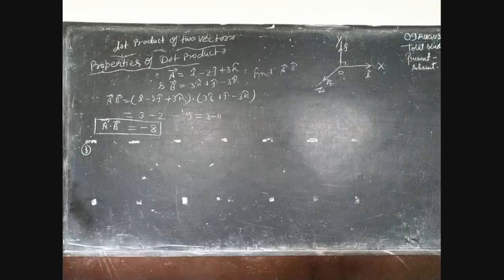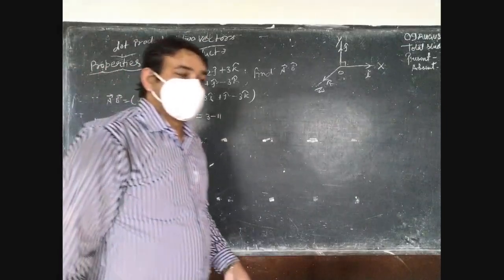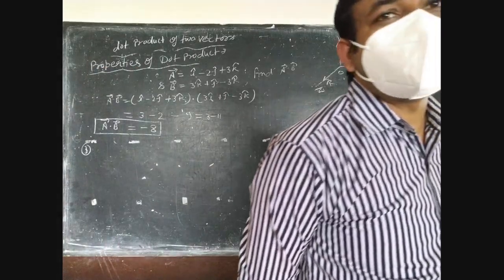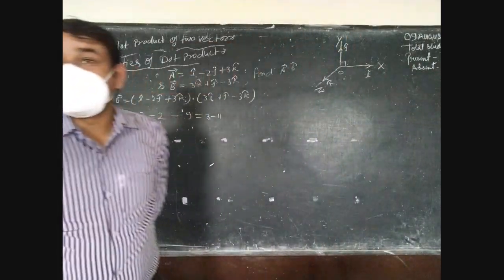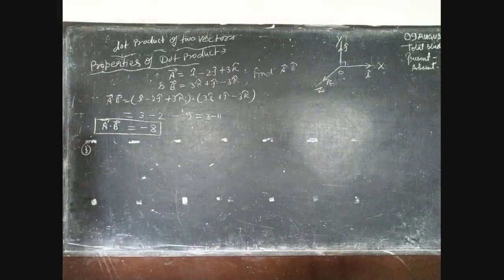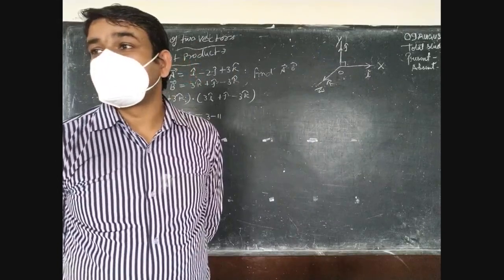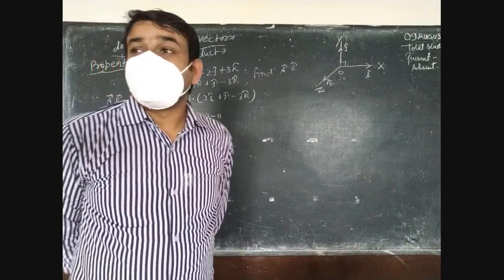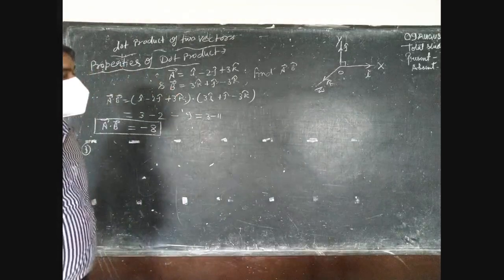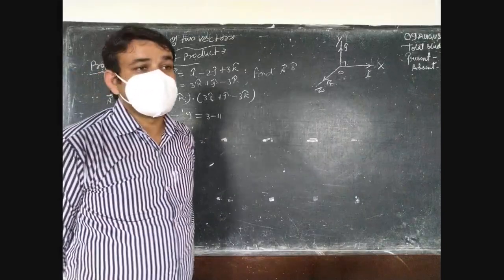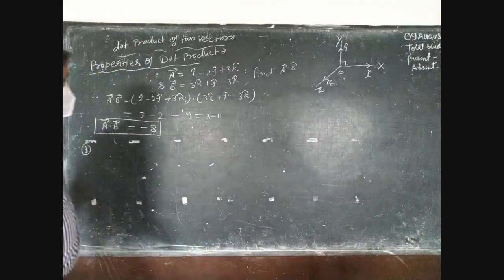The third point, just write it. When we have to calculate the angle between two vectors, or the angle of projection between two vectors, then first calculate the dot product of the two vectors for easy calculation.